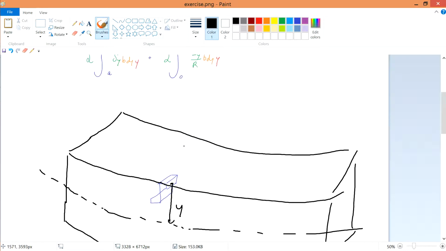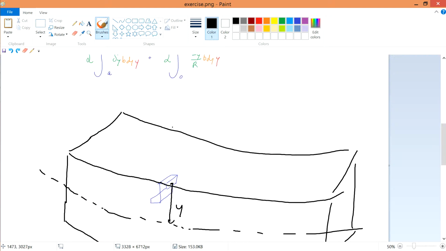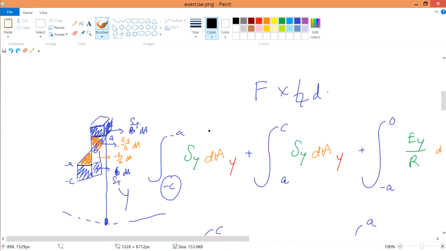Just to let you know, my explanation for the dA over here may have some discrepancies, may be wrong, but it's in terms of the dA itself, so it's still legit in the equation.